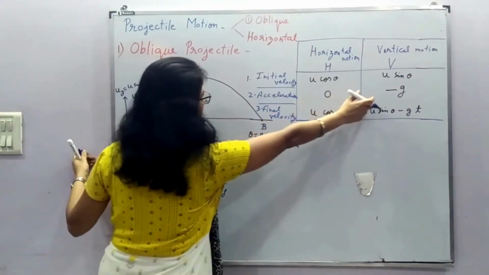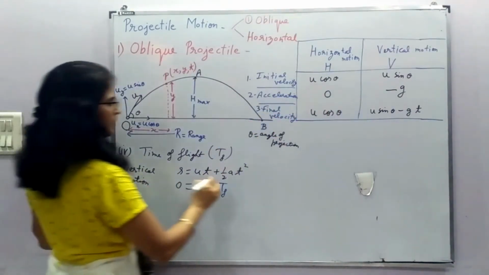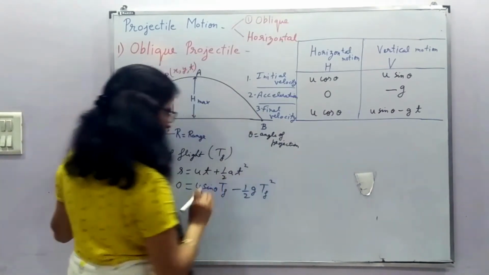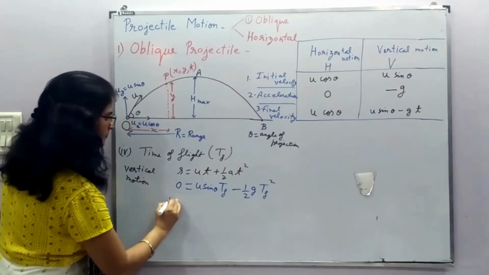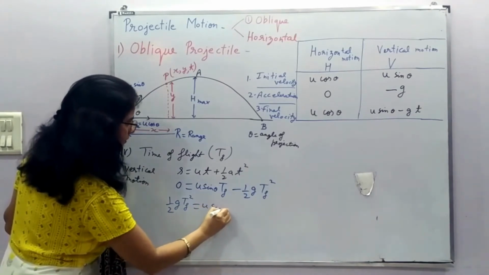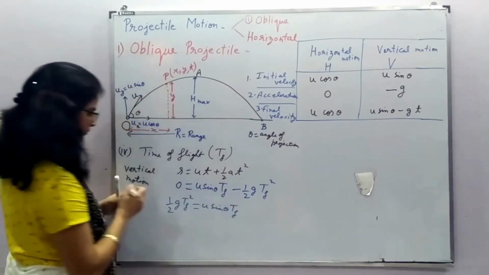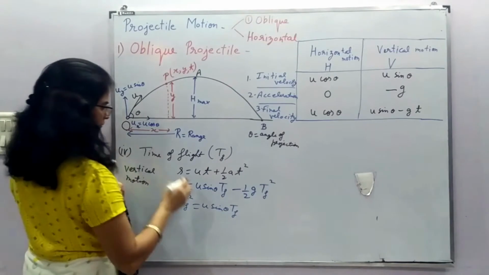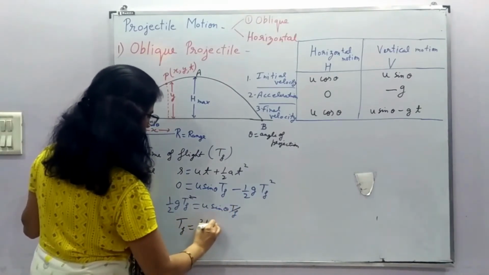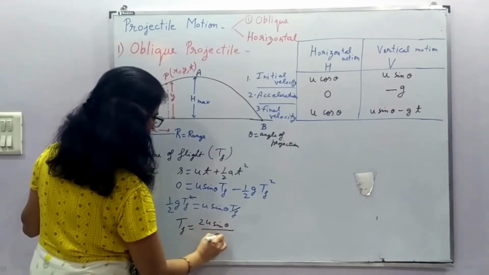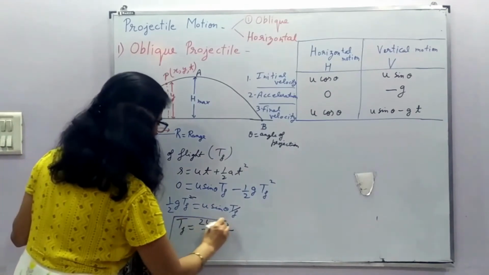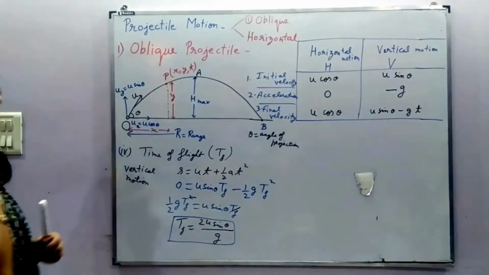Acceleration I will replace by minus g because I am considering vertical motion. Solving this, if I shift on this side, half g tf square is equal to u sine theta into tf. I can cancel one tf over here. So from here, tf is 2u sine theta upon g. Right? So this is giving the formula for time of flight.